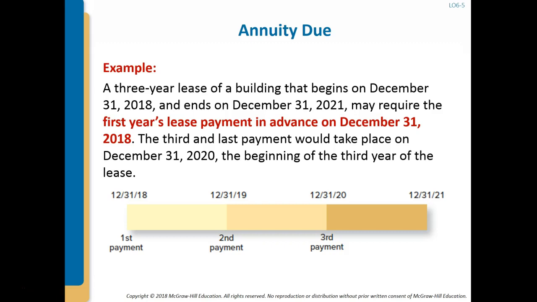An example here is a 3-year lease of a building that begins on December 31st and ends on December 31st, 2021, but requires the first year's lease payment in advance on December 31st, 2018. The third and last payment would take place on December 31st, 2020, the beginning of the third year of the lease. So as you see, this diagram illustrates this situation.